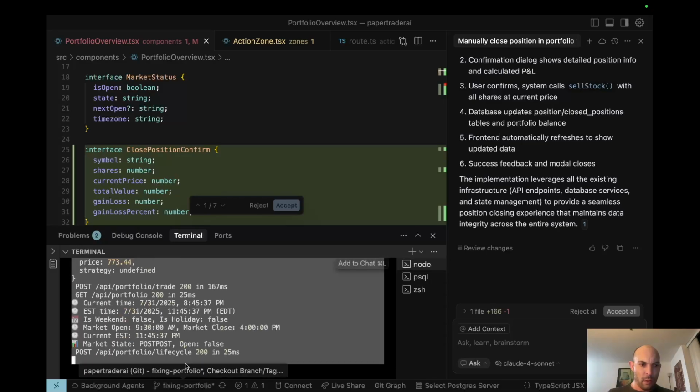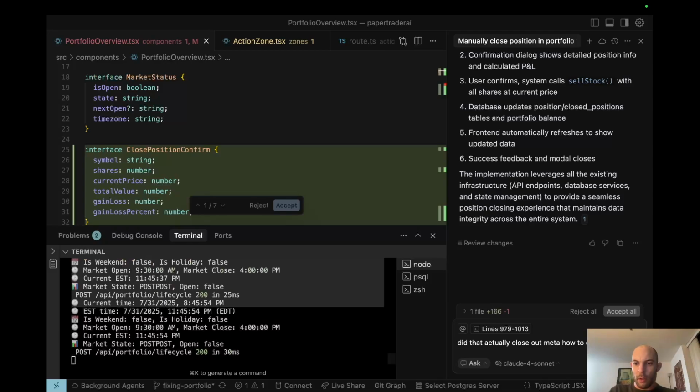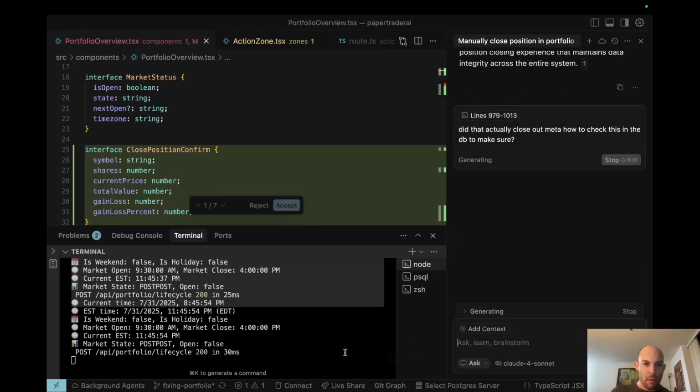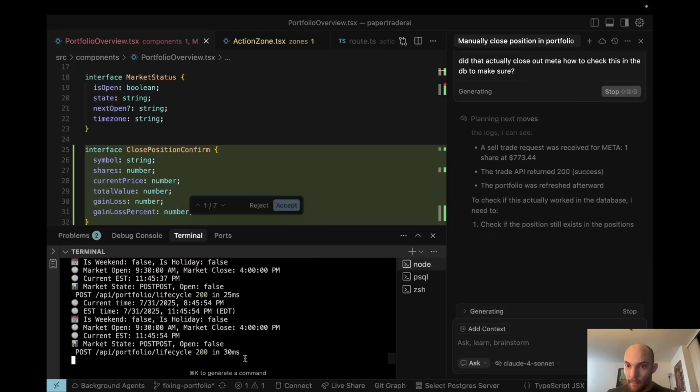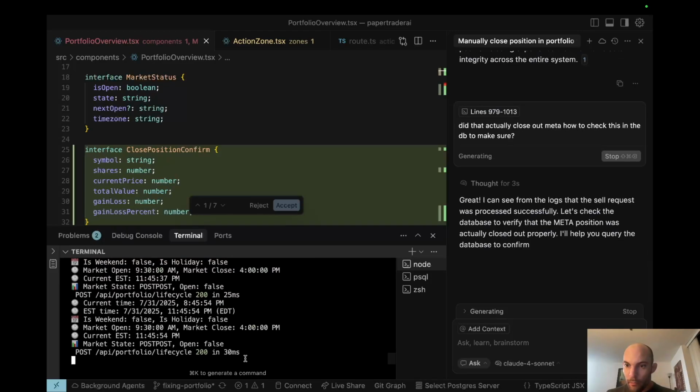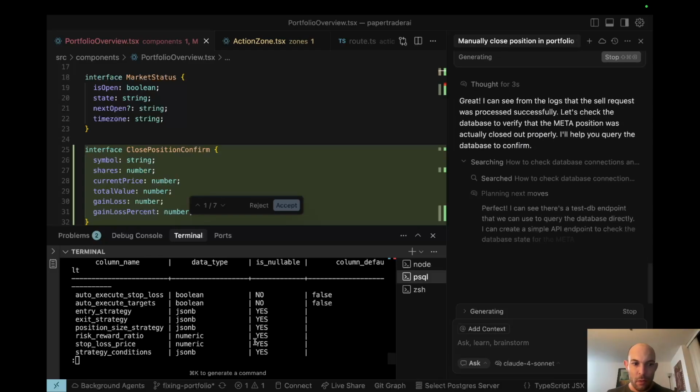Let's see if that lines up. Did that actually close out? How to check this in the DB to make sure. I would love for that to be really quick. Okay.